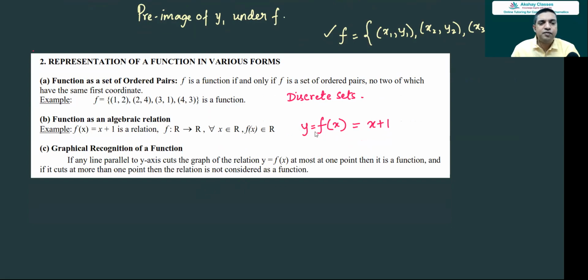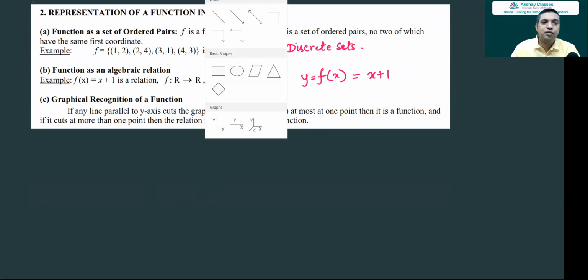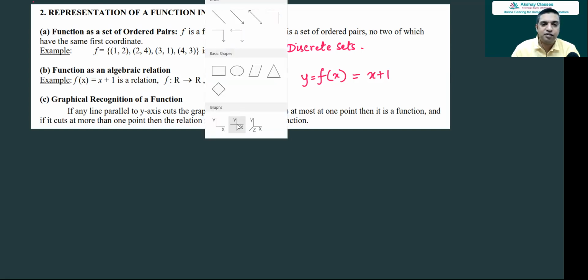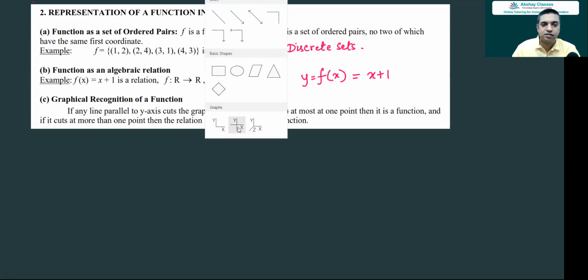And each of the functions, both the set of ordered pairs as well as the algebraic, can be represented on a graph. So this is very important to understand, because graphical understanding is extremely important in calculus. So let's do that.